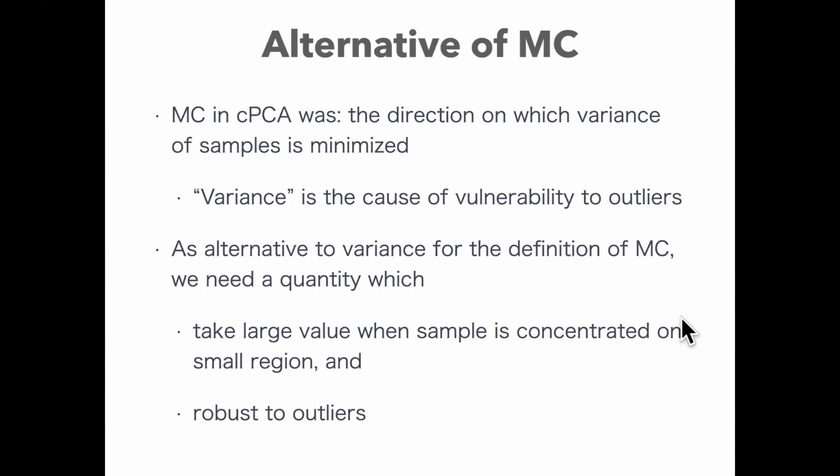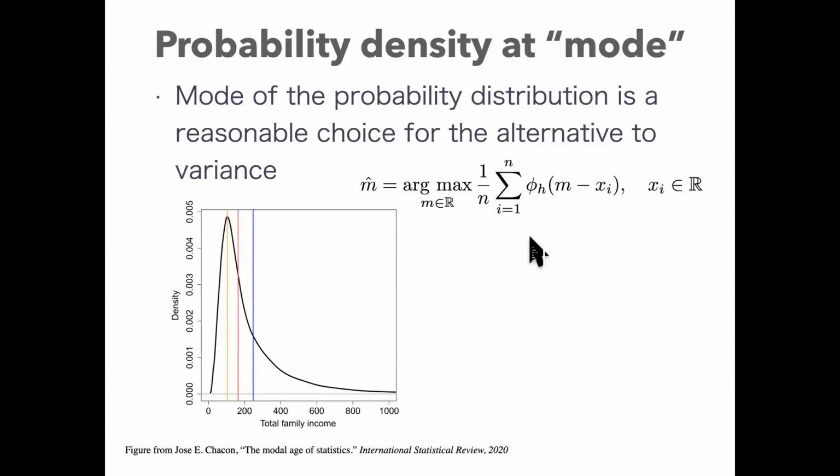So as an alternative, we need a quantity which takes a large value when the sample is concentrated on a small region, like the inverse of variance, and at the same time, unlike the variance, the quantity should be robust to outliers. Here I propose to use the mode as an alternative measure for concentration.